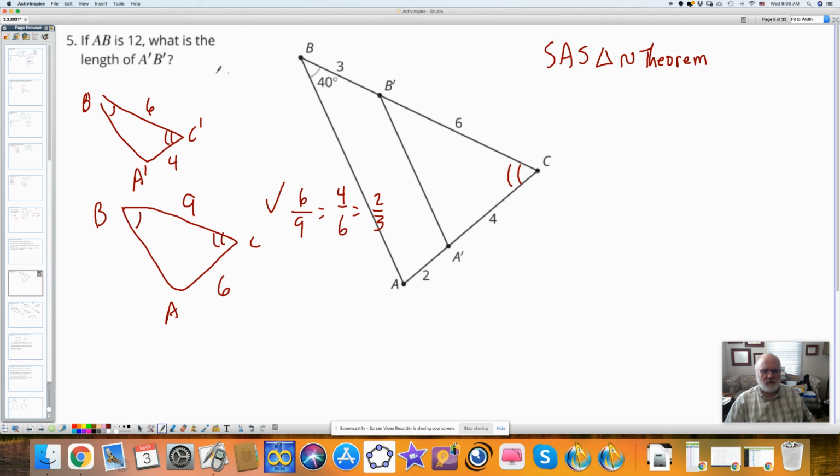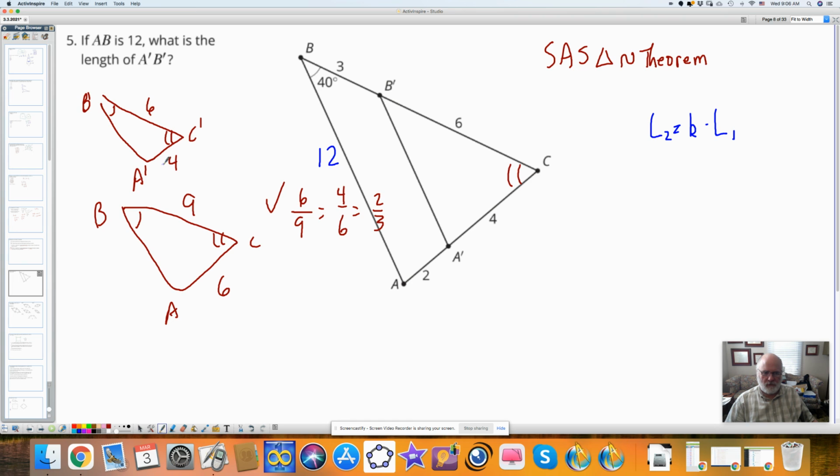Now, what we're asked to find is the length of A prime B prime, given that AB is 12. Well, this is 12. And remember, what we're going from times the scale factor is what we're going to. Just to make sure that we get this correct, it should be 2/3, not 3/2. Let's check that out.